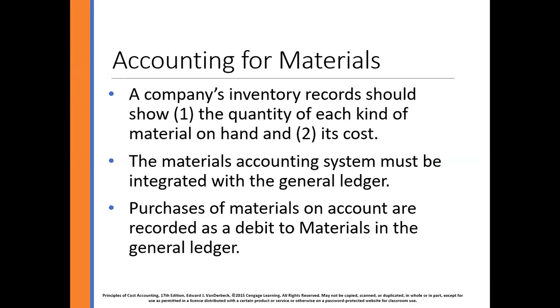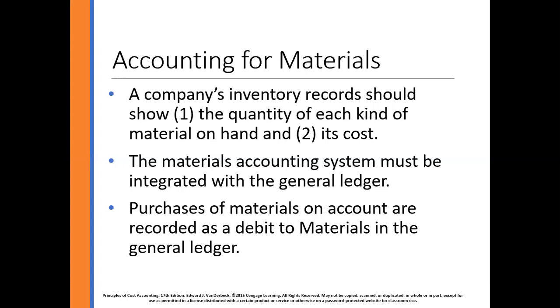So if we know the quantity, how many units we have, and the cost per unit, that's where we get our material cost from. That's how we know how much we have in. That's what would be listed in our accounting system, and that's what should match what's on the shelves, right?